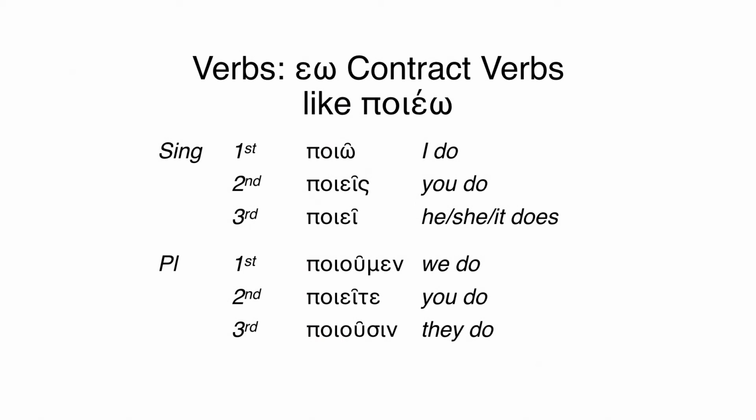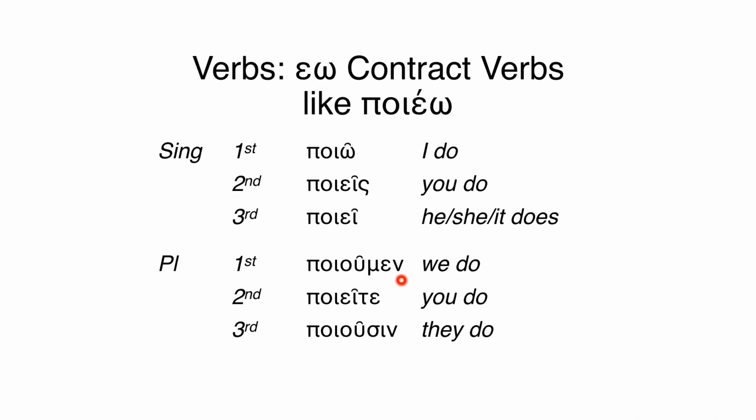So take poio. Well, the regular verb ending for the first person singular is omicron, it's omega, like luo. When the omega is combined with the epsilon stem, the epsilon disappears. We still know that there's a contraction, however, because of the circumflex accent over the omega. On the other hand, let's find a good example.